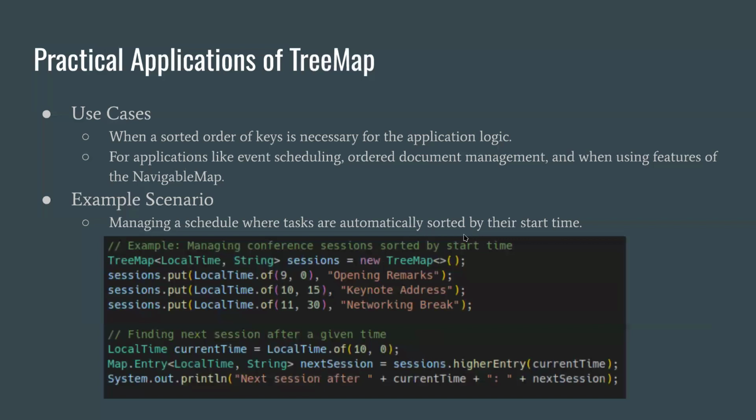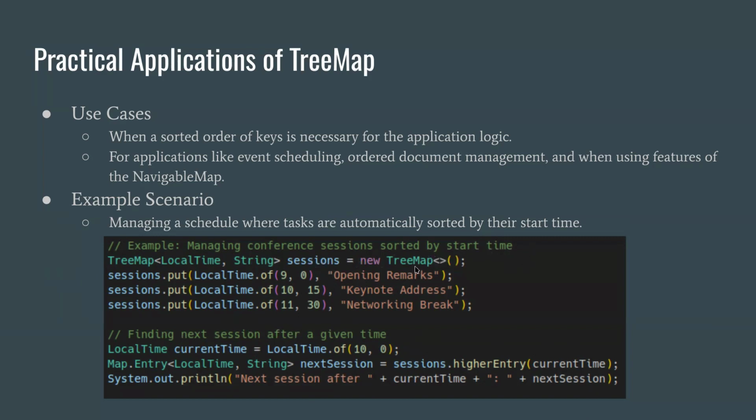And TreeMap is also frequently used in scenarios involving sorted data that users need to navigate through, like documents or records. And this is an example code managing conference sessions sorted by start time.